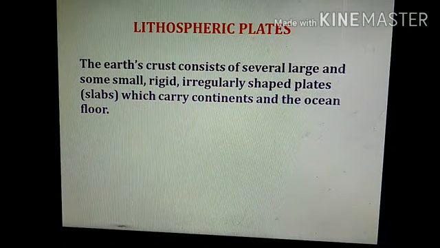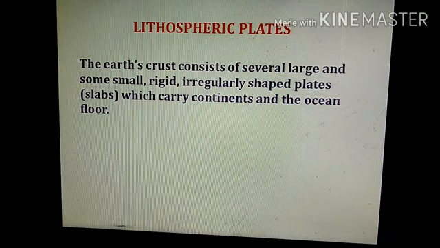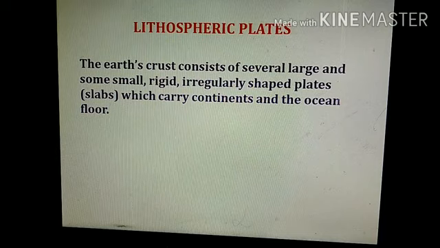The earth crust consists of several large and some small, rigid, irregularly shaped plates or slabs which carry continents and the ocean floor. These plates or slabs we can call lithospheric plates.